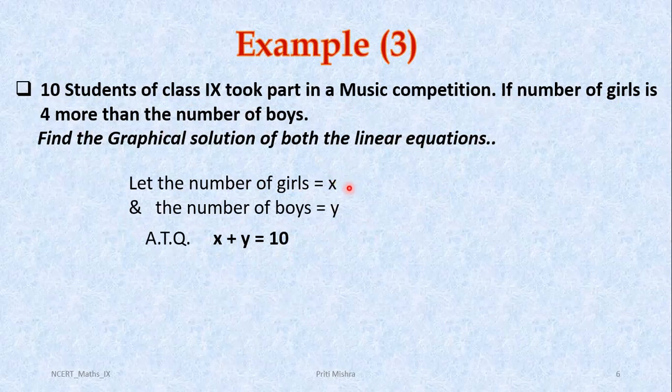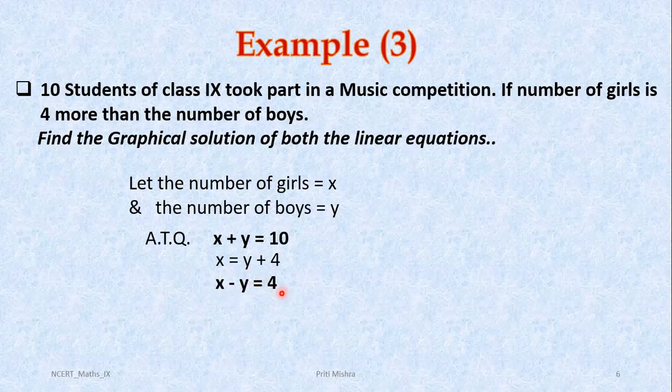So the number of girls we have is X, and boys are Y. In order to maintain the equality in these two numbers, we need to add 4 to Y. So we will have X equals Y plus 4 according to the question. After rearranging this equation, we have the second equation in terms of X and Y: X minus Y equals 4.